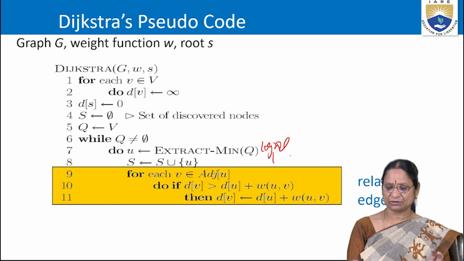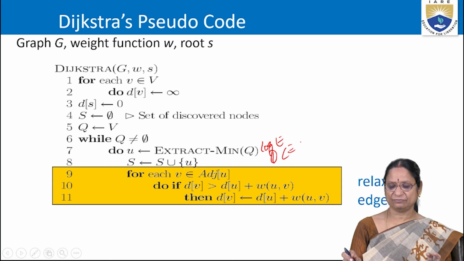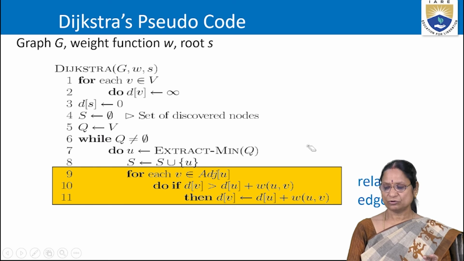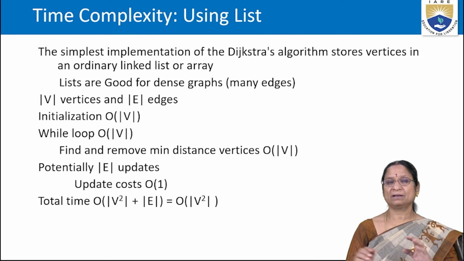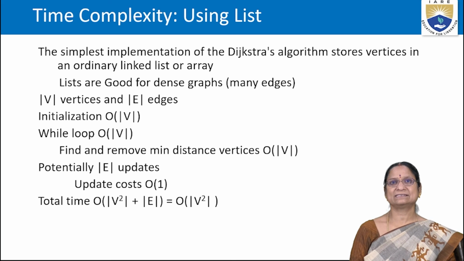Based upon the edge weight, log e will be there, or big O of e also, depending upon the way we are extracting the minimum. So you observe there are two inner loops.